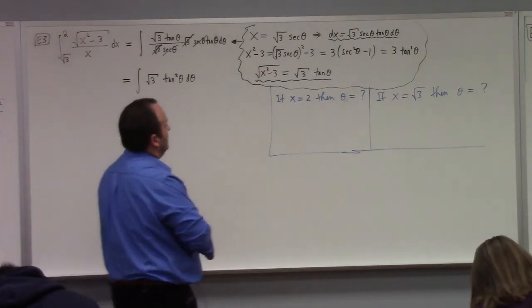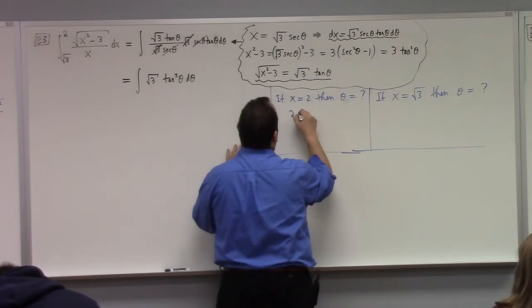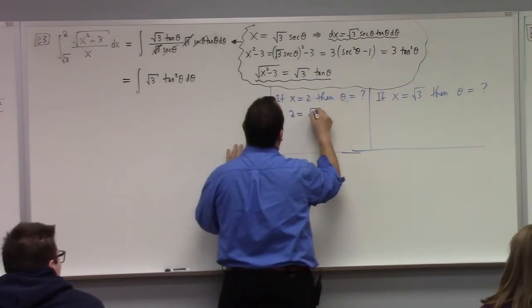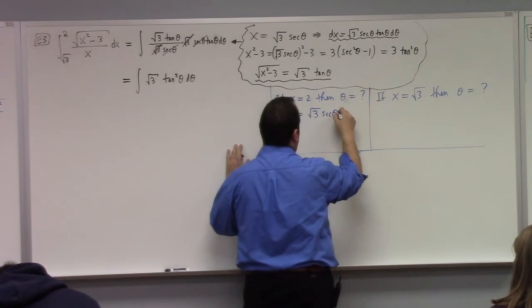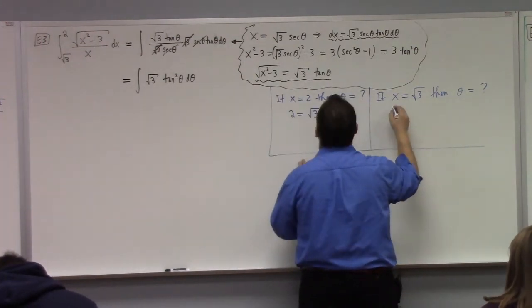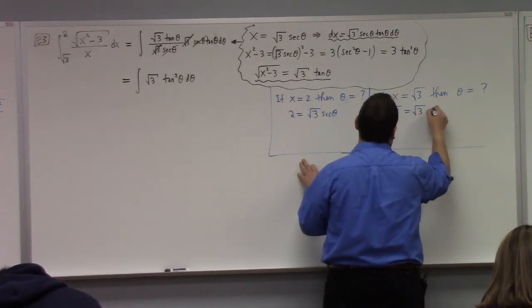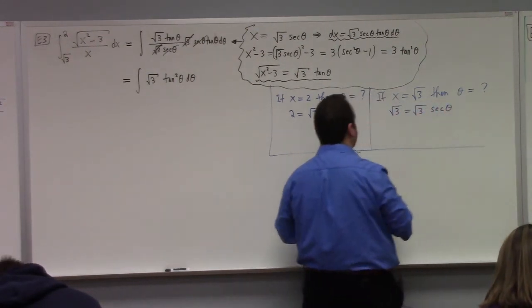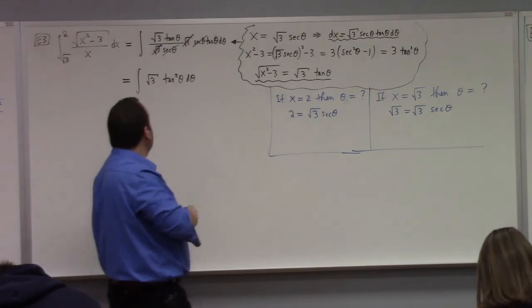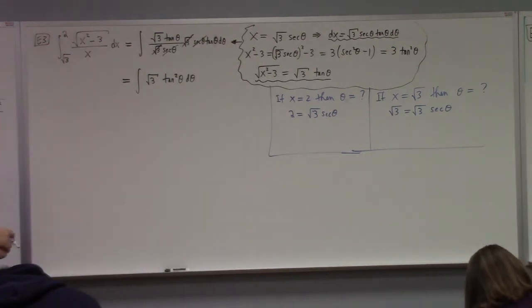So what are we trying to solve? We are trying to solve 2 equals root 3 secant theta. And also we're trying to solve root 3 equals root 3 secant theta for the upper and lower bounds respectively.